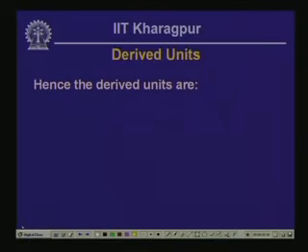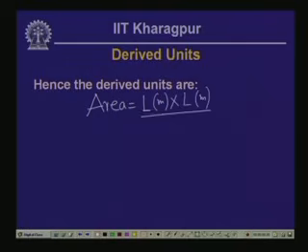Now, when you talk about the unit for area, area as we know is the product of two linear parameters. So, length in meter multiplied by length in meter gives the unit of area as meter square.